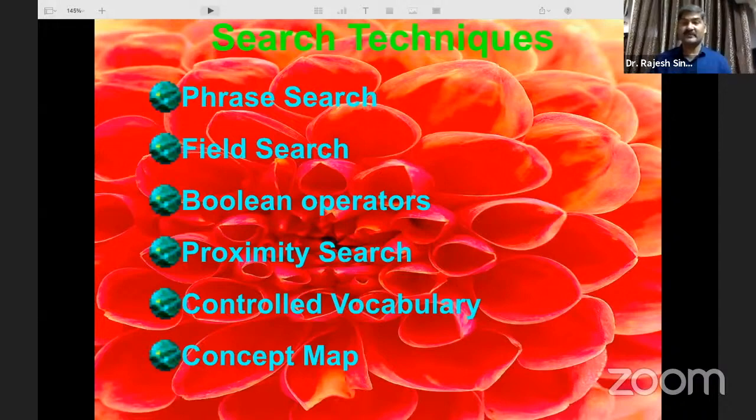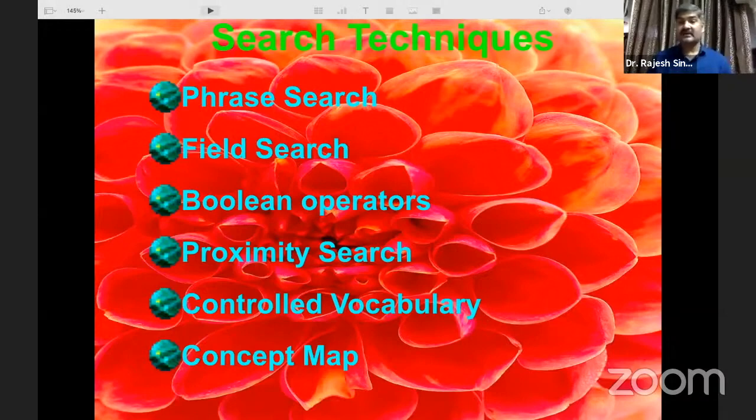What I'm doing is filtering all the information associated with the term Shakespeare, but which has come in different fields. When I'm looking for Shakespeare as an author, I'm not interested in the term Shakespeare wherever it is in the title, wherever it is in the subject, because my interest is only in the term Shakespeare as an author, right?